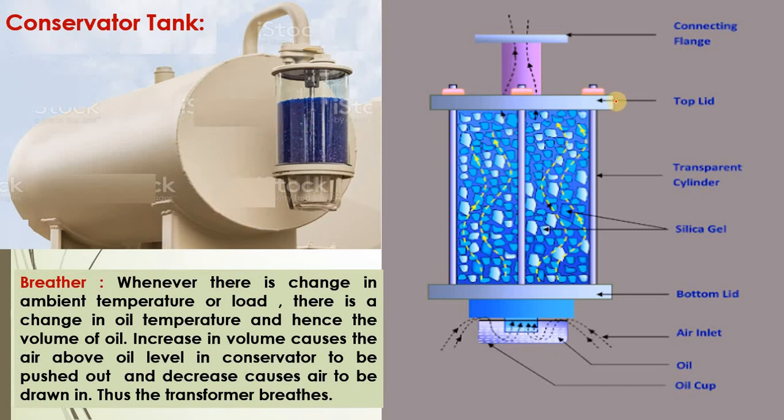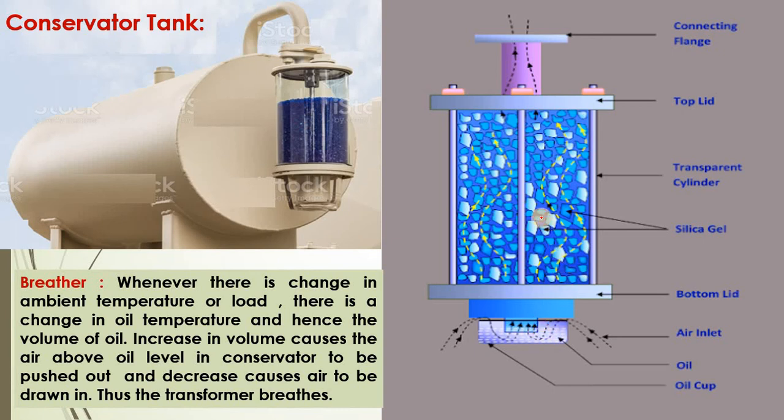Okay. So what is the structure here? This is the connecting flange, then the top lid. This is the transparent cylinder. Silica gel is this one. Then the bottom lid is this one. Then the air inlet is there, and this is the oil cup.